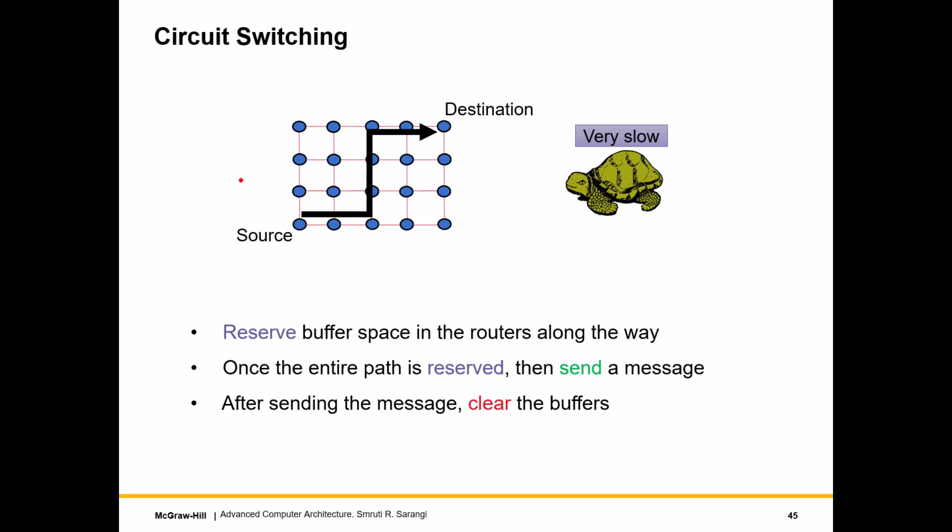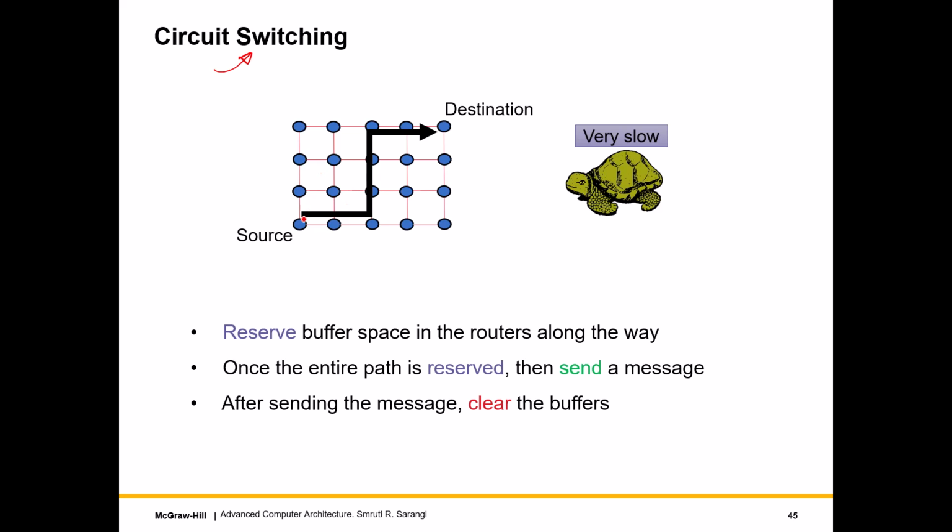So in this case, let us consider again a mesh network with a source and a destination. We will look at the simplest idea, which is circuit switching, which was there in the old telephone networks. So here what would happen is that from a source to a destination, we would reserve buffer space in the routers along the way.